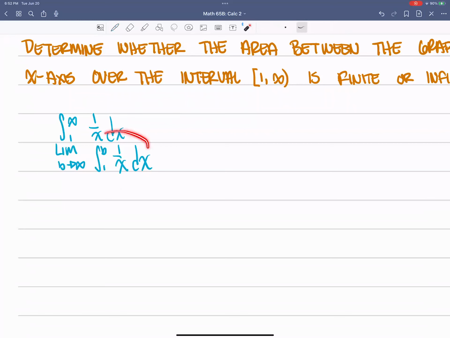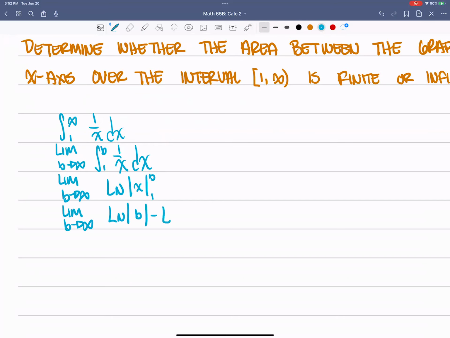So this part we're just going to integrate like normal. So the limit as b approaches infinity of ln of the absolute value of x as x goes from 1 to b. And the limit as b approaches infinity of ln of b minus ln of 1.